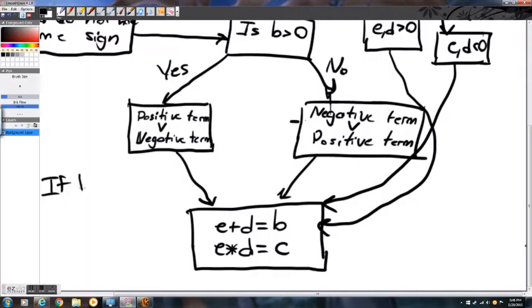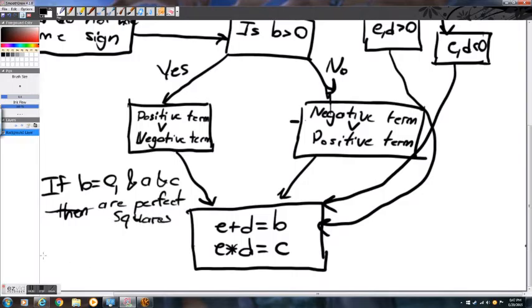And then there are the special cases, of course. If b equals 0, and a and c are perfect squares, and we have ax squared minus c, then we can write this as the square root of a times x plus the square root of c, times the square root of a times x minus the square root of c.